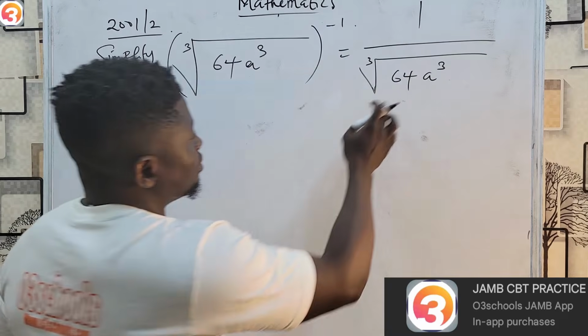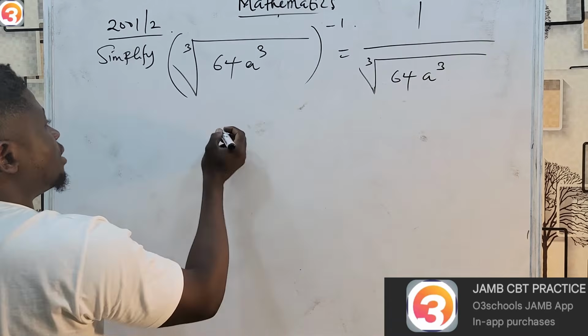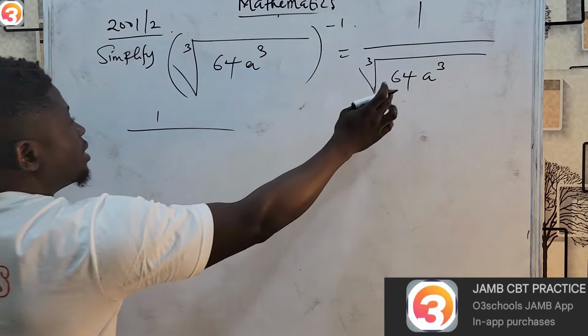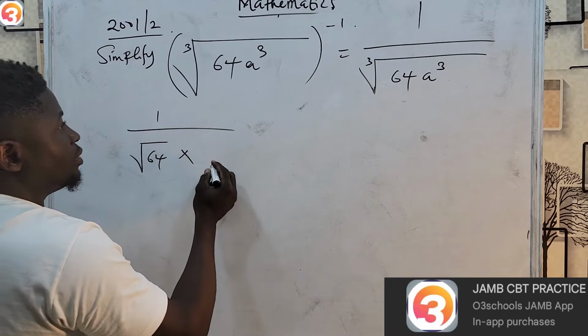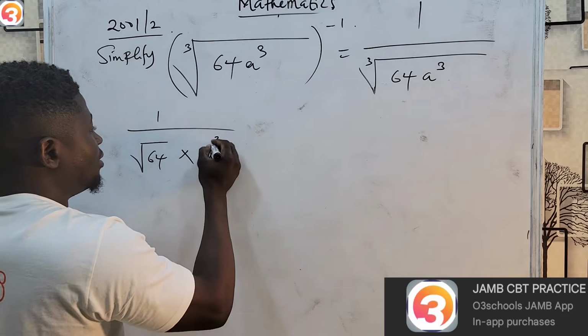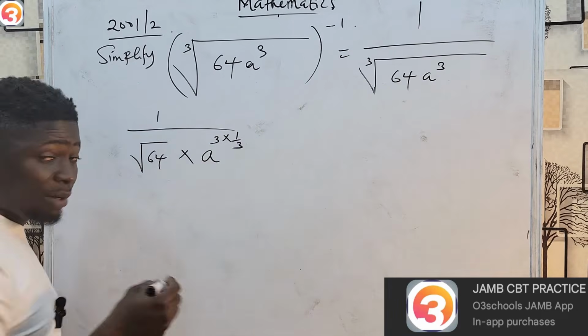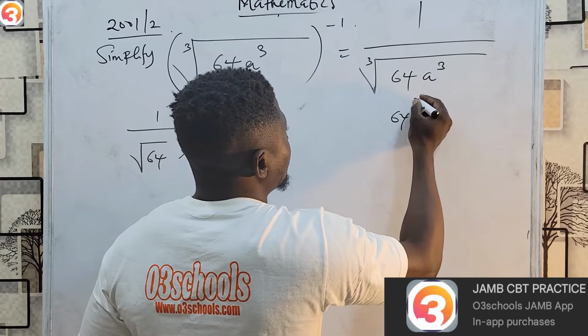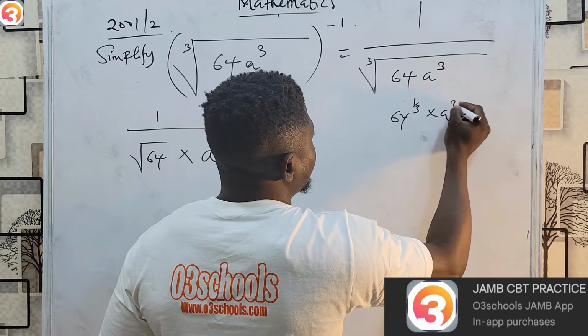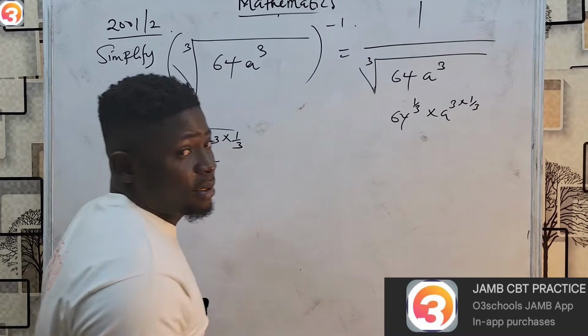So now what do we do next? We simplify what's under. So I'm going to have 1 over the third root of 64, then times the third root of a raised to power 3, that is a raised to power 3 times 1 over 3. Remember, breaking this down means 64 raised to power 1 over 3 times a raised to power 3 times 1 over 3. This is what it means.